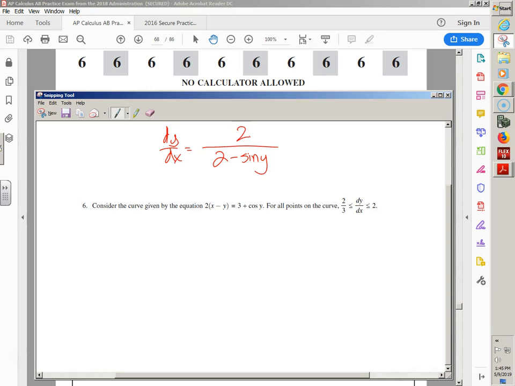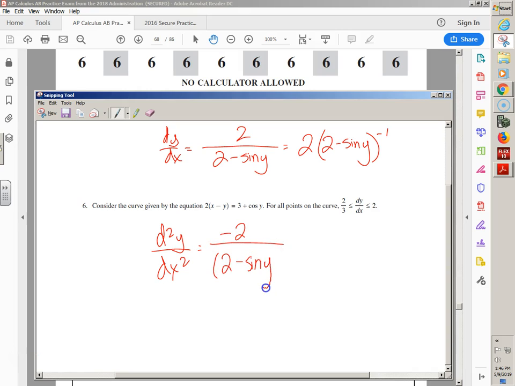If that's my first derivative, for the second derivative, I don't know about you guys, but once again, I do not like quotient rule. So I'm going to make this to the negative 1 power. Deriving this side, bring down the negative, this is now to the negative second power, times u prime.